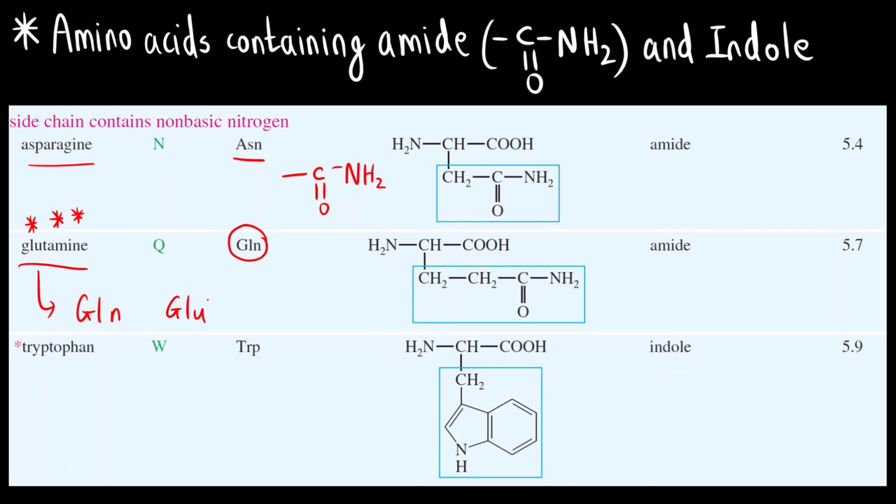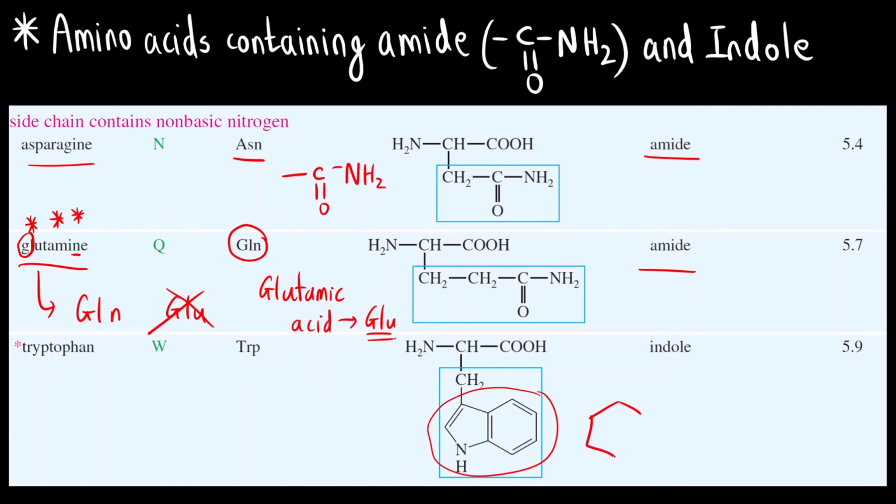It is not GLU. Glutamic acid has the name GLU, so you don't have to get confused. Only for glutamine it is GLN. Both of these have amide functional groups.